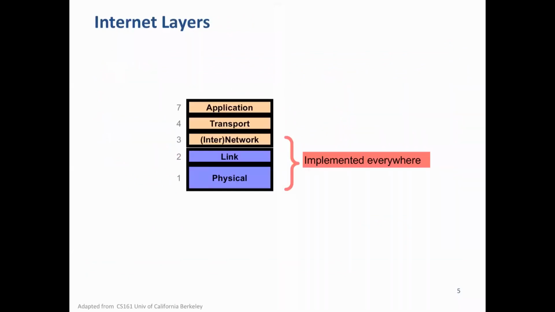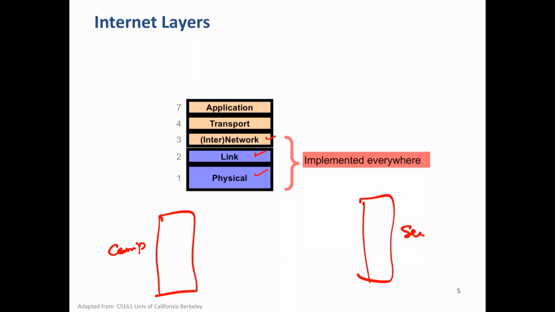Last class we discussed layered architecture, and we have seen that the first three layers, network layer, link layer, and physical layer, are there everywhere. Even the end nodes, suppose you have your computer and a server, and in between the routers, all of these will have these three layers.